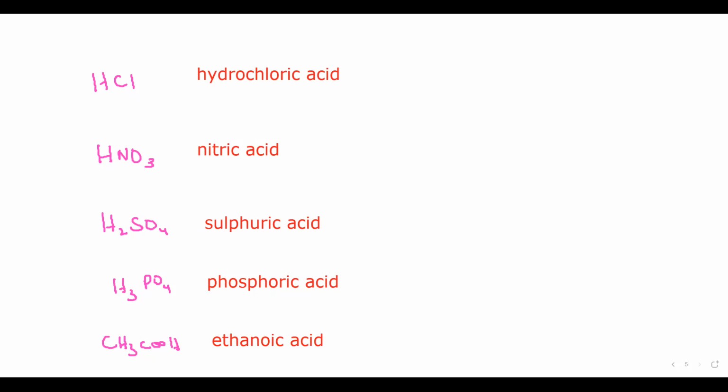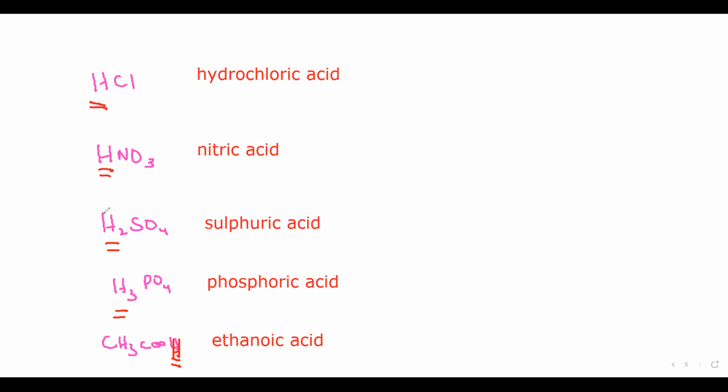And it is easy to identify whether a substance is an acid or not. How to identify whether a substance is an acid? If the starting is HCl, acid; HNO3, acid; hydrogen is the starting; H2SO4, H3PO4. And in this case, for organic acid, hydrogen is there at the last.